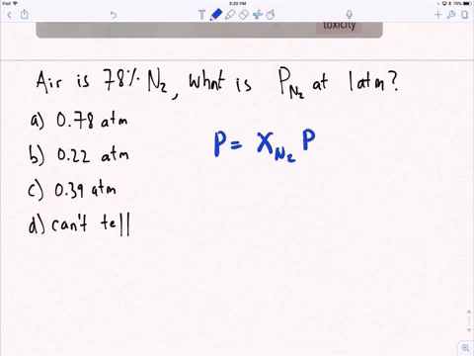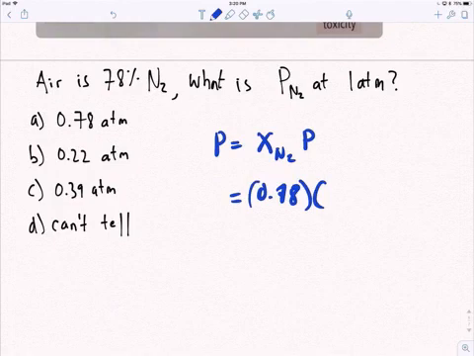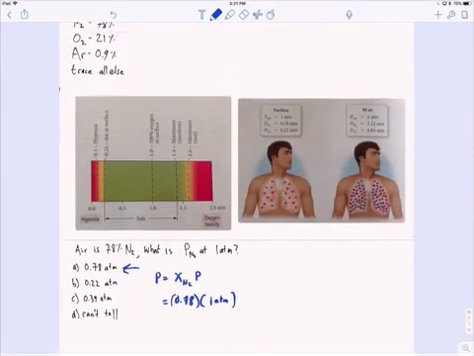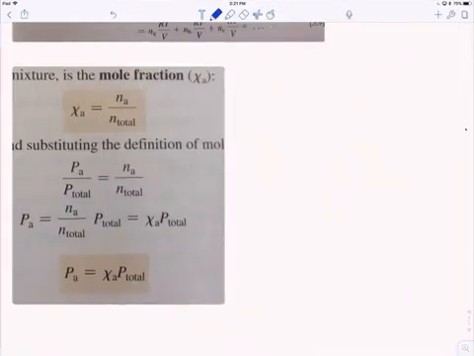How many think it's 0.22? I think it's 0.39. How many think you can't tell? So let's give it away. 78% is 0.78 in fractions, and then 1 atmosphere. So it's this one. And I know I changed topics, but that's from this equation right here.